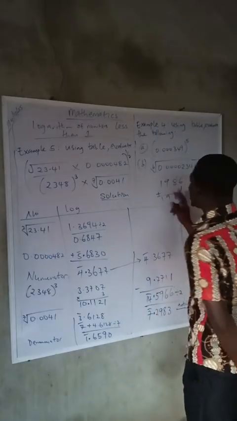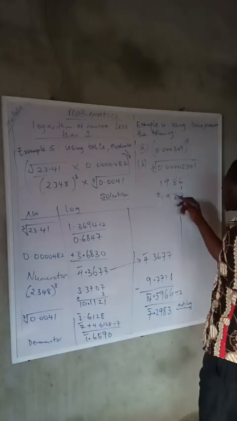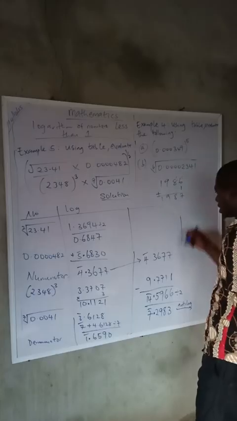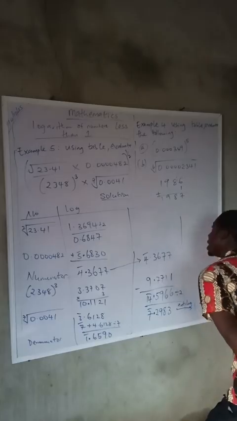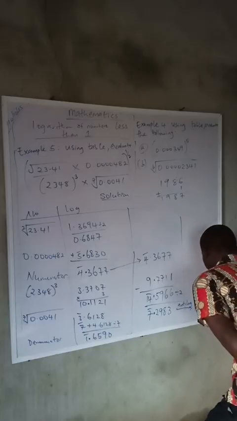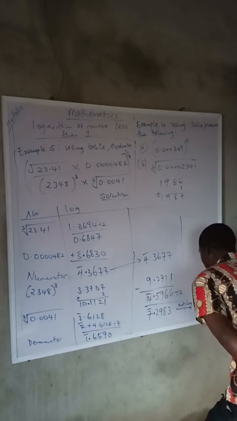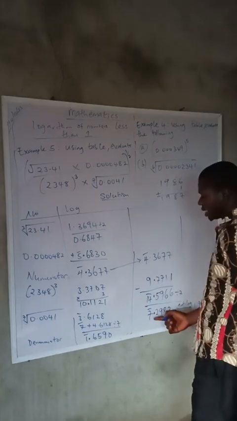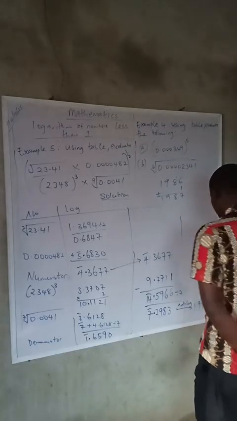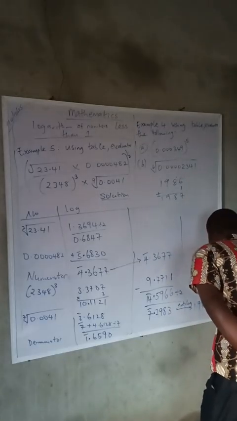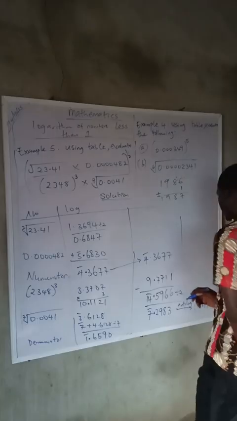So you are going to write this 1987 as if you are writing a number that has been expressed in standard form. So we have 1.987 times 10 raised to the power what? What is our integer here? It is bar 7, which is going to be times 10 raised to the power minus 7.